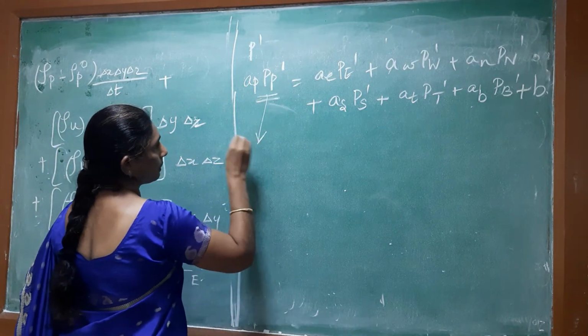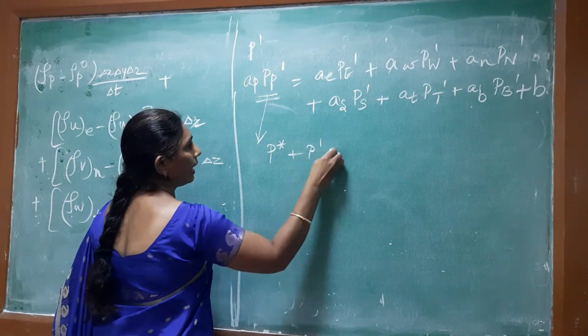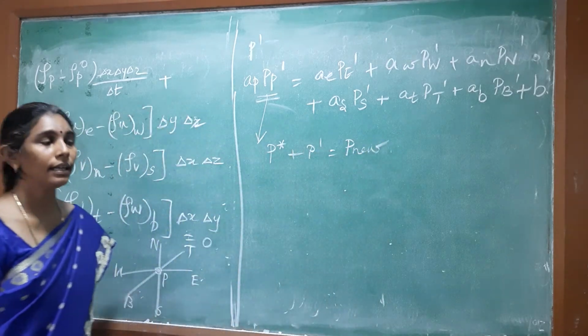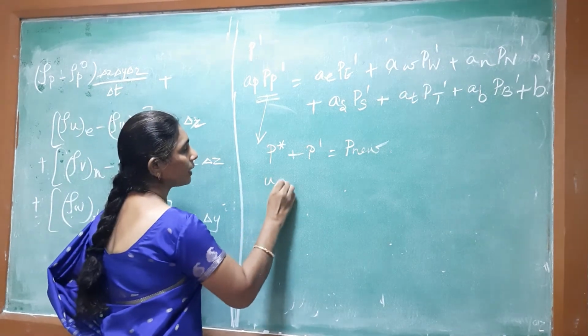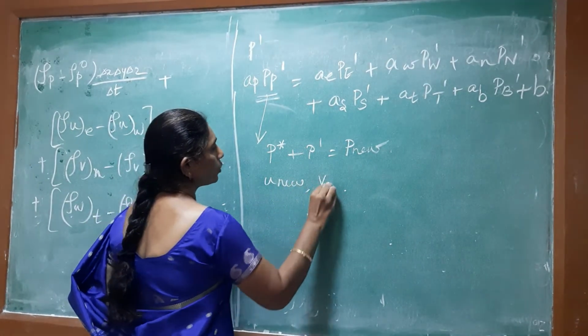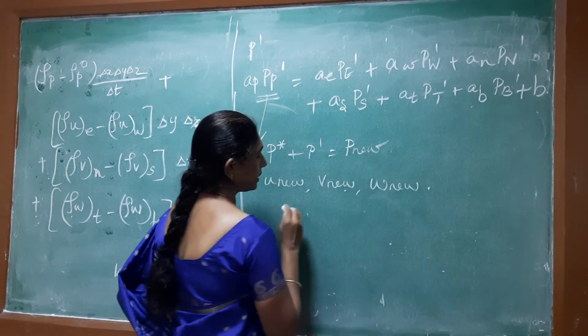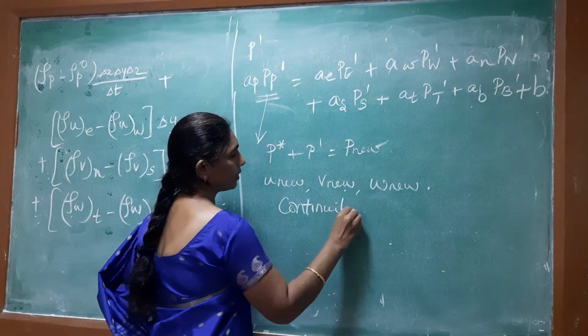Once this P dash has been attained, what we will do? We will add this to the guessed value and find out the P new value. Right? With this P new value, again we will proceed for finding out U new value, V new value, W new value, and check whether the continuity equation is satisfied or not.